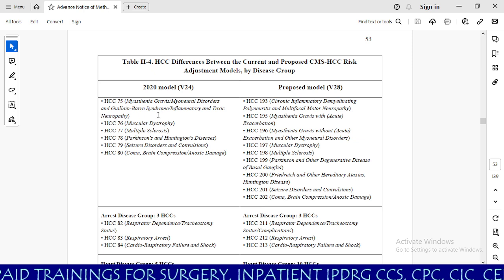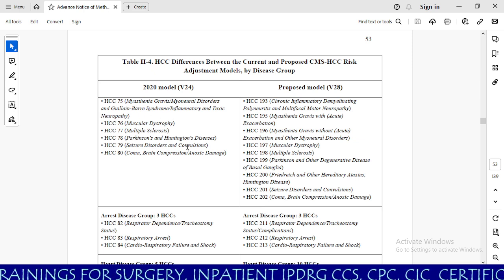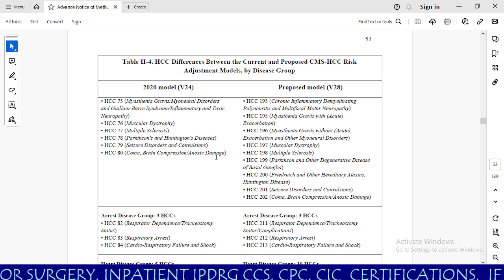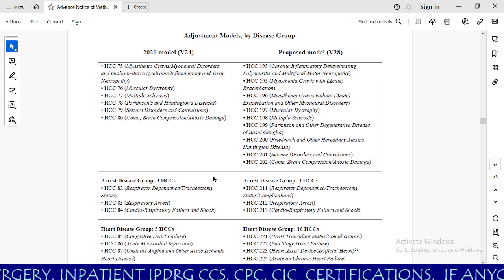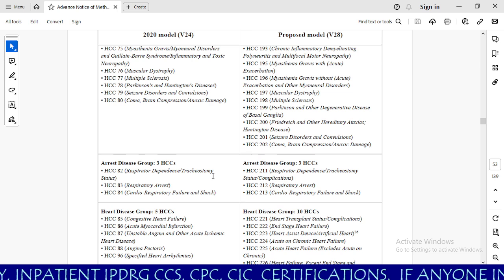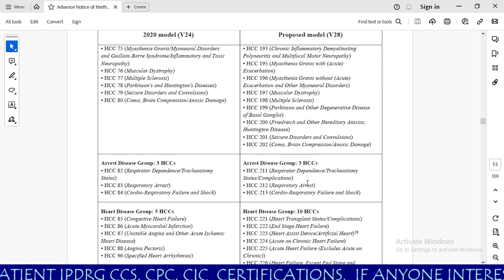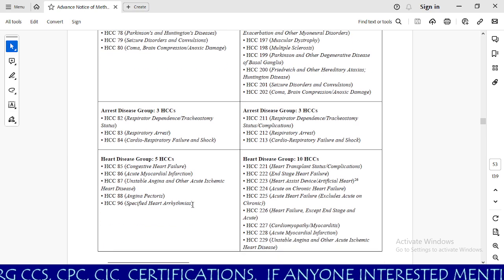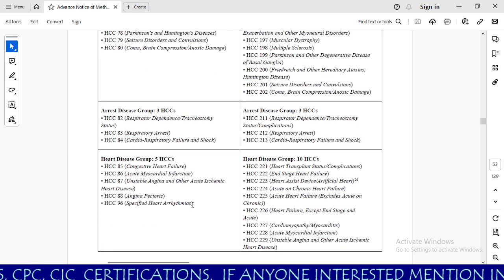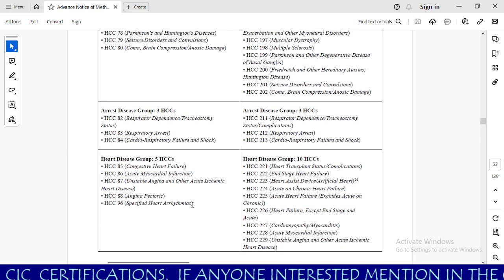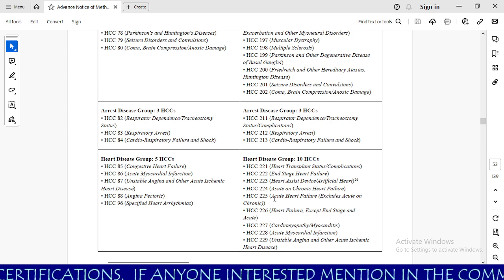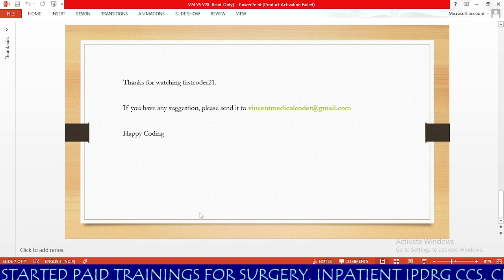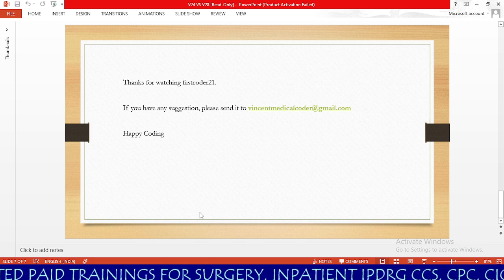So these all are included in the neurological system. If you take the arrest disease group, we have 3 HCCs in version 24 and 3 HCCs in version 28. For example, if we take the heart disease group, we have 5 HCCs in V24 and we have 10 HCCs in version 28.